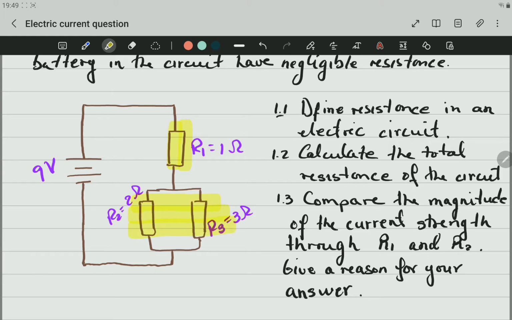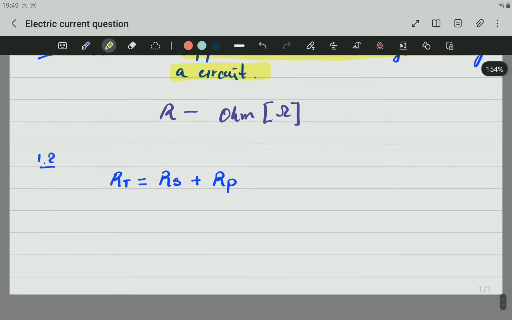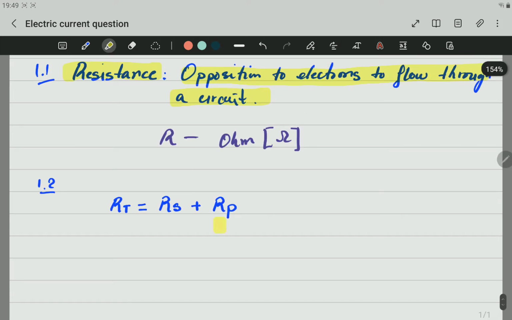So you have one resistor in series, which is R1, and 2 resistors in parallel, which are R2 and R3. Now, let's calculate first the resistance in parallel. This one here is resistors in parallel.